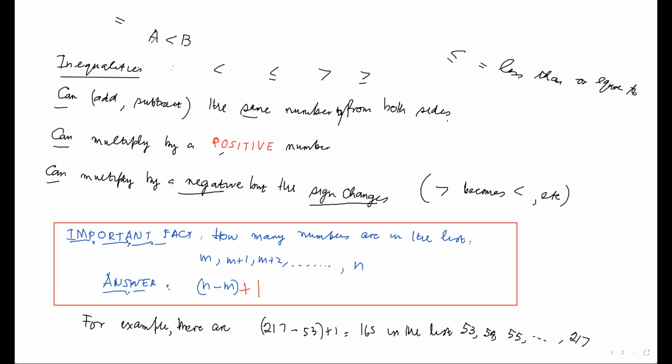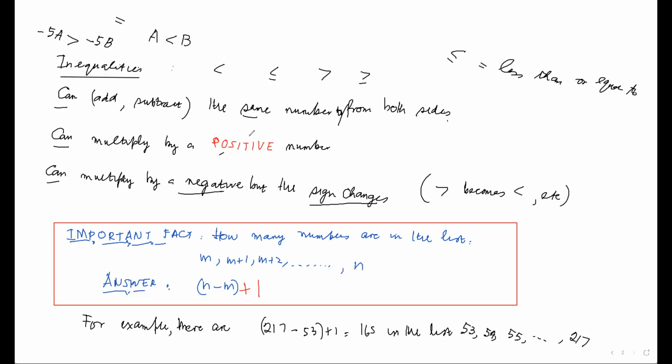But when you multiply by a negative, you must be careful. If you multiply this by negative 5, this becomes negative 5a, then you change the sign and it becomes negative 5b. So you can multiply by a negative, but the sign changes.